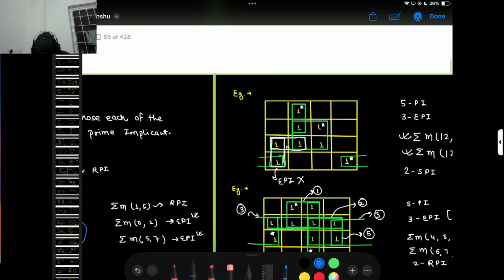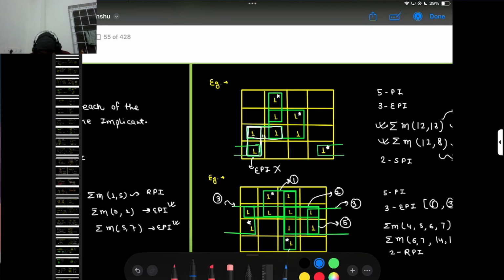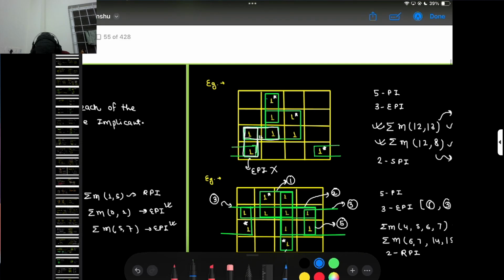Okay. Now go to this example. So here is my first check implicant, one box, two box, three box, four box, and five box. So five PI and EPI, one, two, and three. Three boxes are like unique, or you can say that this minterm will not be covered by other group.